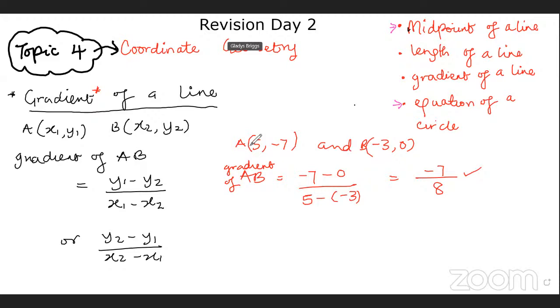Okay, so the last thing that we need to know how to do here is the equation of a circle. If we finish the revision early, then I'm going to go on to marking so that I can finish marking all your work in the second section.